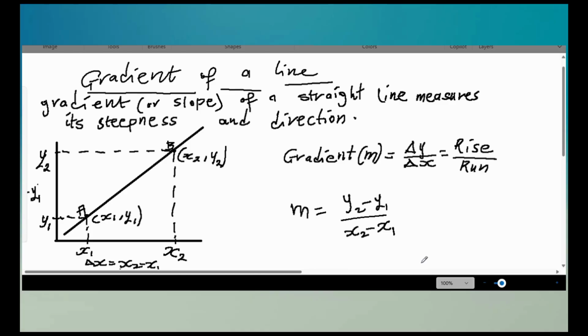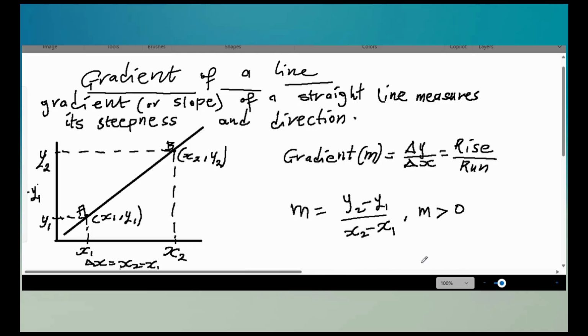So it is observable that A and B are points on this straight line, right? Now if my gradient, my m, is greater than 0, that is where we're going to have such a line in this particular diagram, where the line moves upwards to the right.